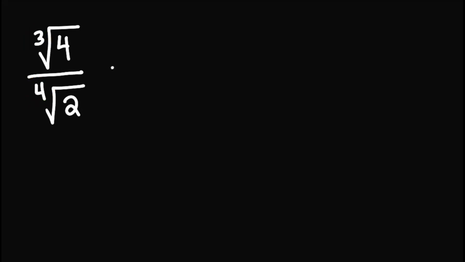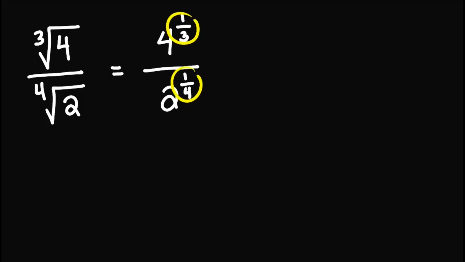So, note first that we can write this one as 4 raised to 1 over 3 all over 2 raised to 1 over 4. Now to make the denominators of these exponents the same, what we can do is multiply 4 over 4 out here and 3 over 3 out here.